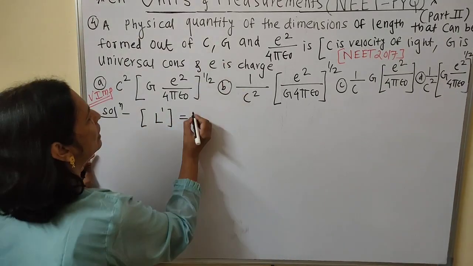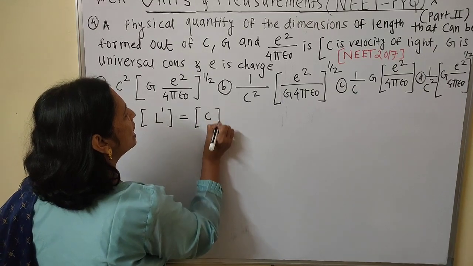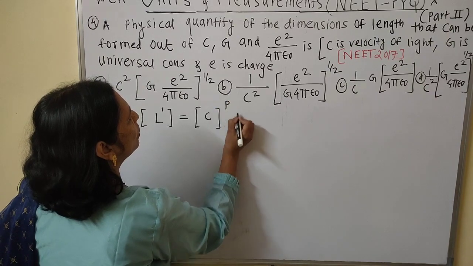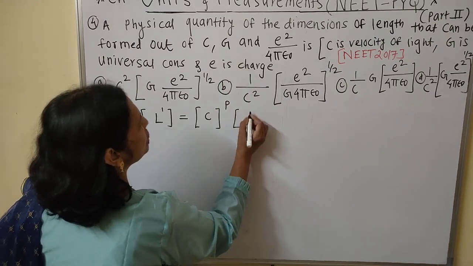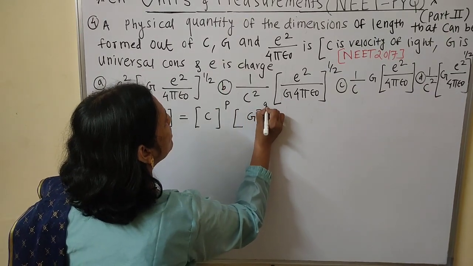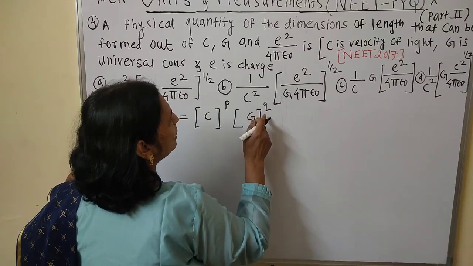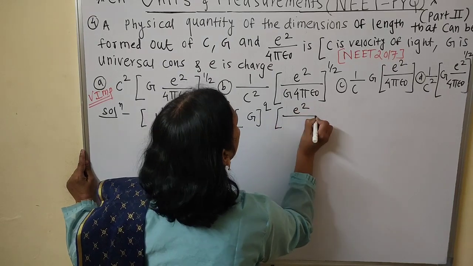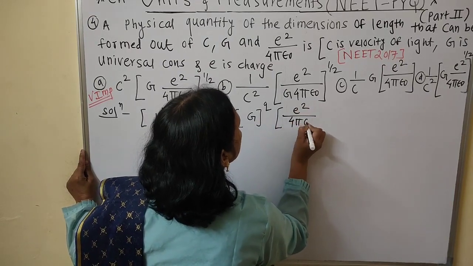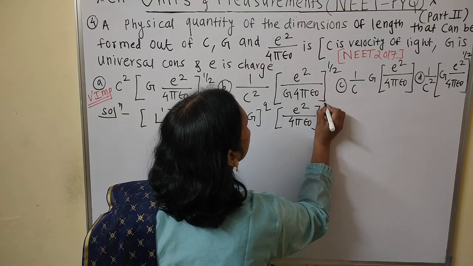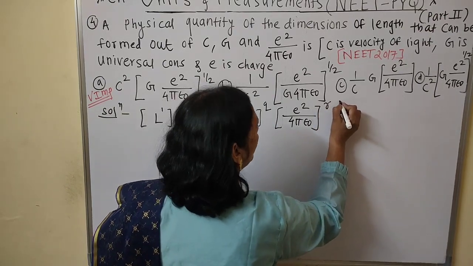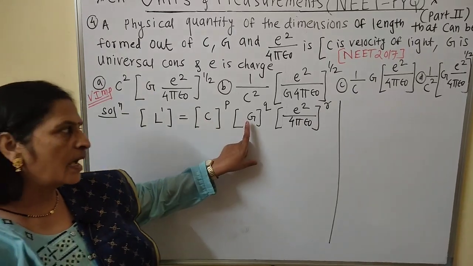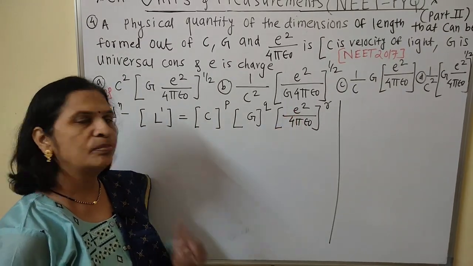Now consider the dimension of this C that is having power P. Okay. Then the dimension of this G that is having power Q. And now the dimension of this quantity e square divided by 4 pi epsilon naught that is having power R. Now first find out the dimension of this C, then the dimension of this G and the dimension of this one.